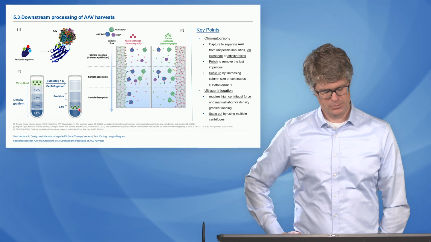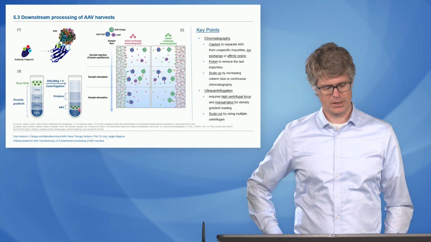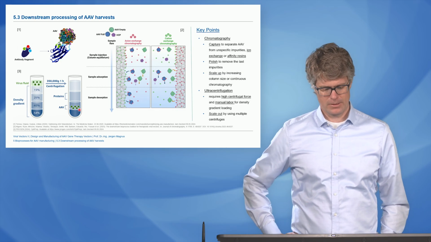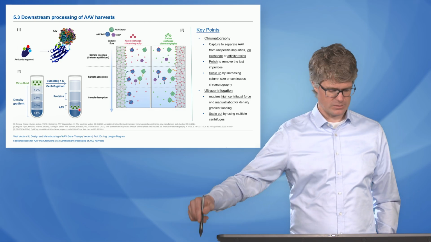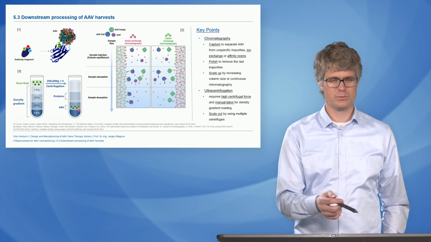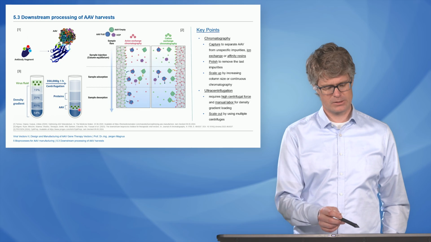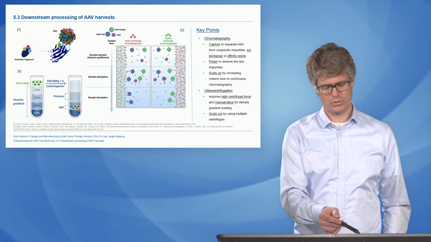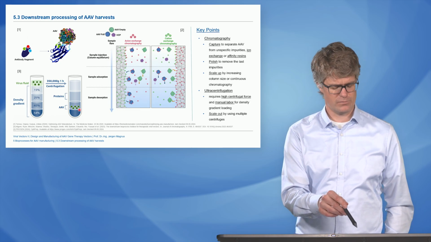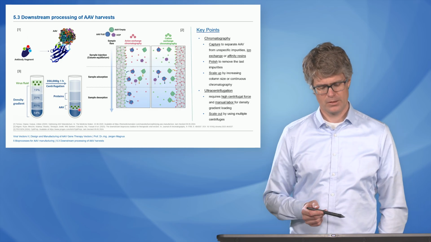But coming to the polishing chromatography, that's also typically ion exchange, and here you will have the classical way of doing it, that you can bind. You could in principle also use a bind and elute strategy, where you bind the AAV capsid to a surface of the opposite charge, and everything else can flow through.